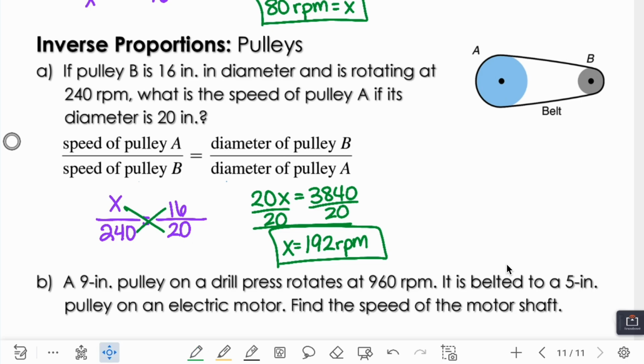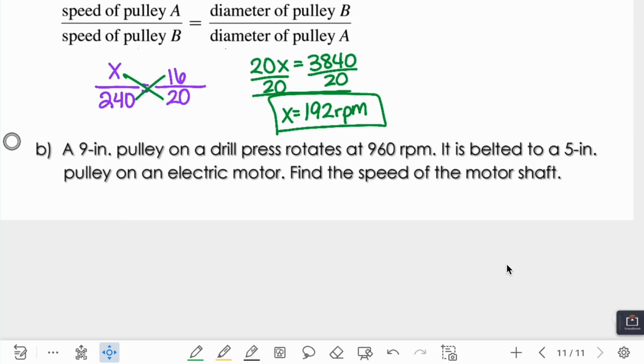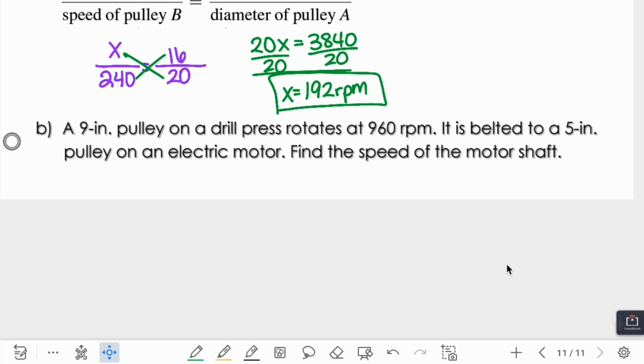Okay, and last but not least, we got one more pulley problem. So this one, and you can feel free to pause the video anytime and try this one on your own. We have a 9-inch pulley on a drill press that rotates at 960 RPMs. It's belted to a 5-inch pulley on an electric motor. We need to find the speed of the motor shaft.